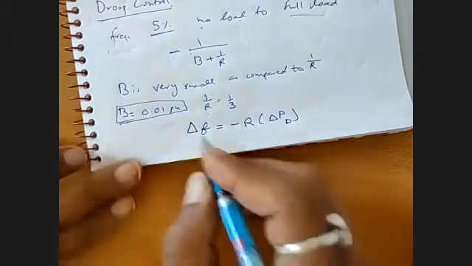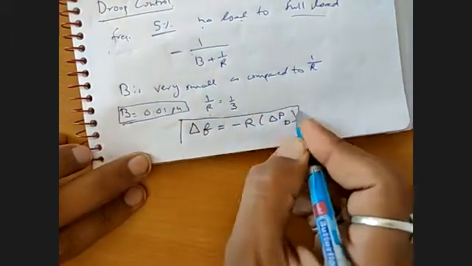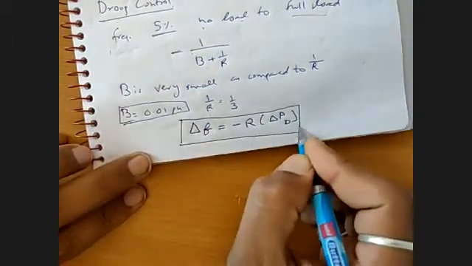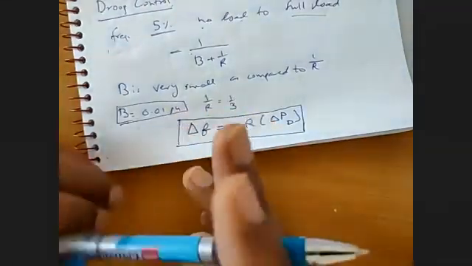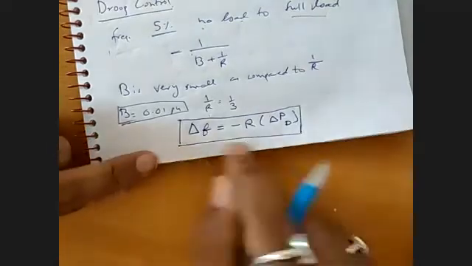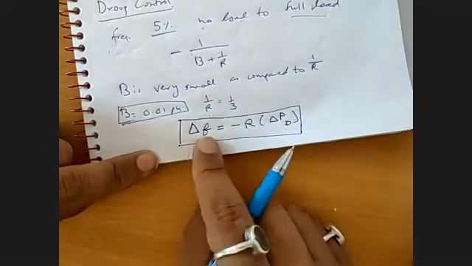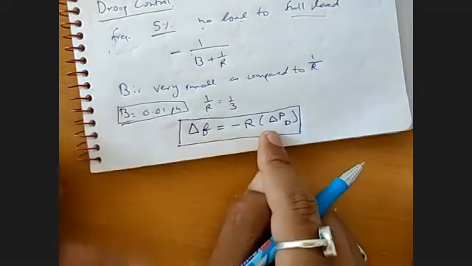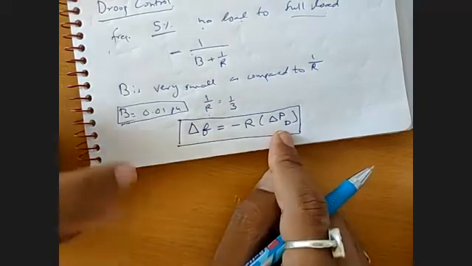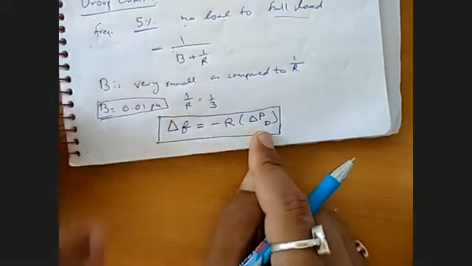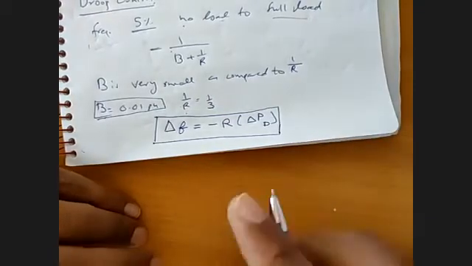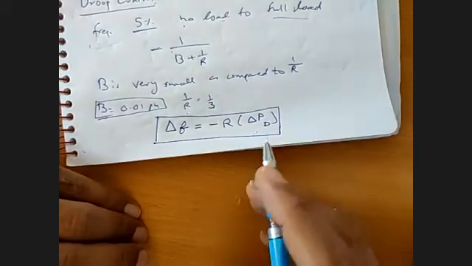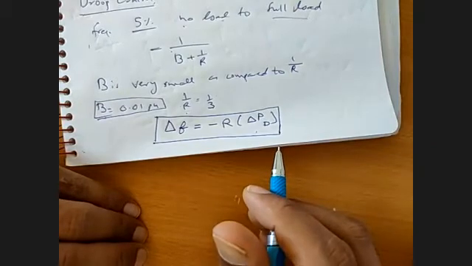This you have to remember, this is your final equation. If they ask for analysis, then you have to do the complete analysis. Else you have to remember this relation, delta F equal to minus R into delta PD. The droop of the load frequency curve is mainly determined by R, that is speed governor regulation.